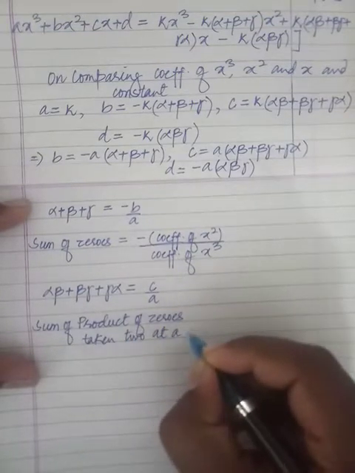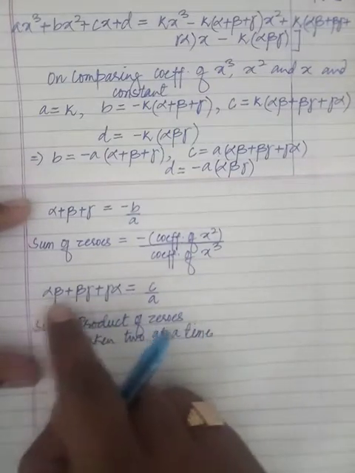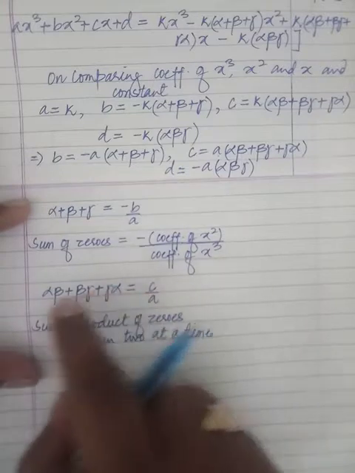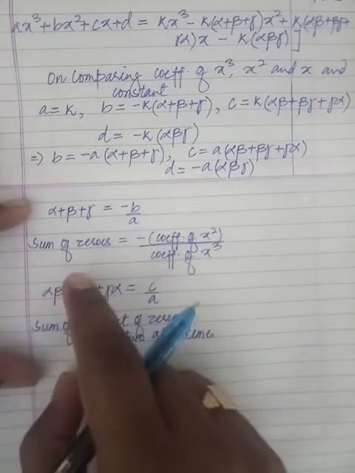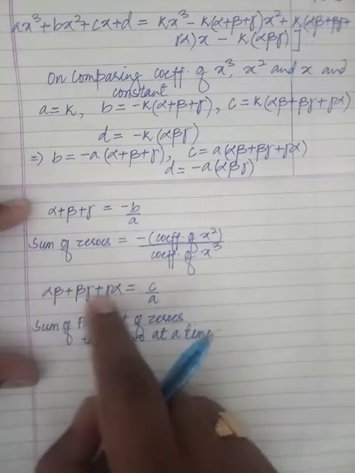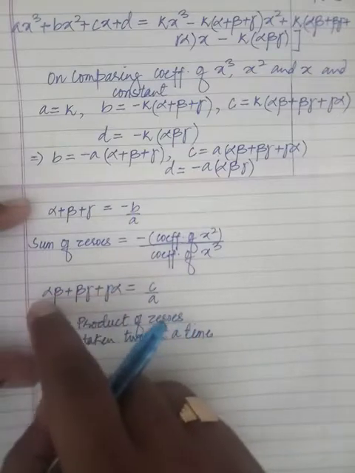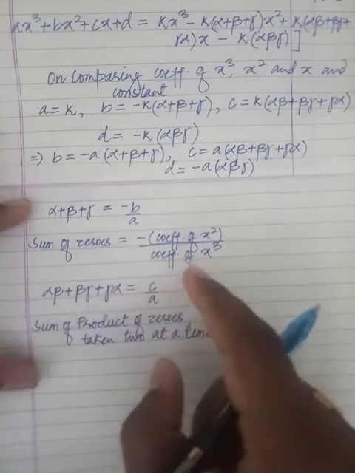Fine. So you can see that we have taken two zeros at a time, and then we have multiplied them. We have three zeros alpha beta gamma, so we have taken two zeros at a time, alpha beta, then beta gamma, then gamma alpha. We have multiplied the two zeros, and then we have added all these, that is alpha beta, beta gamma and gamma alpha.